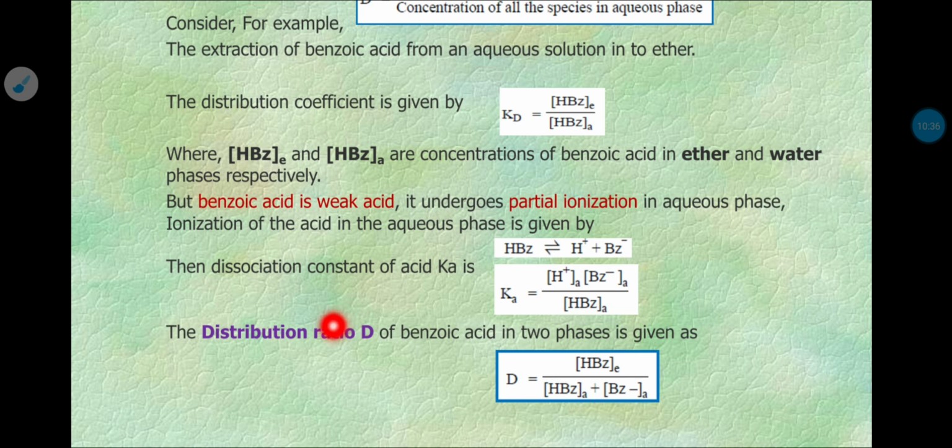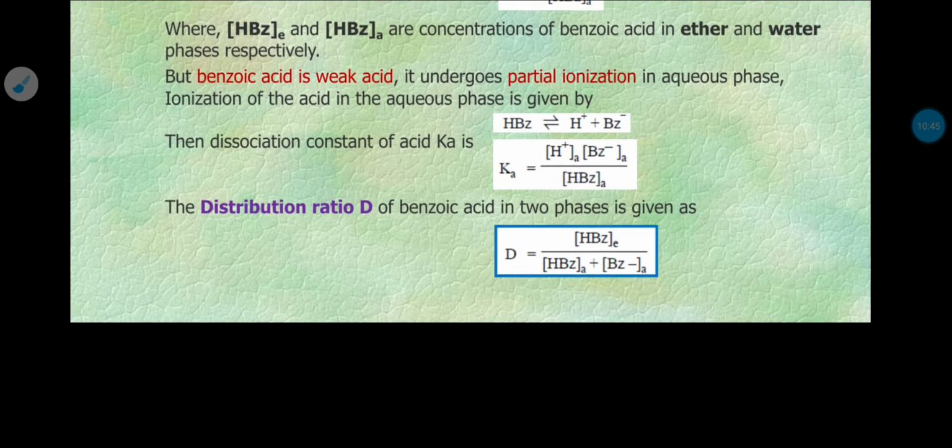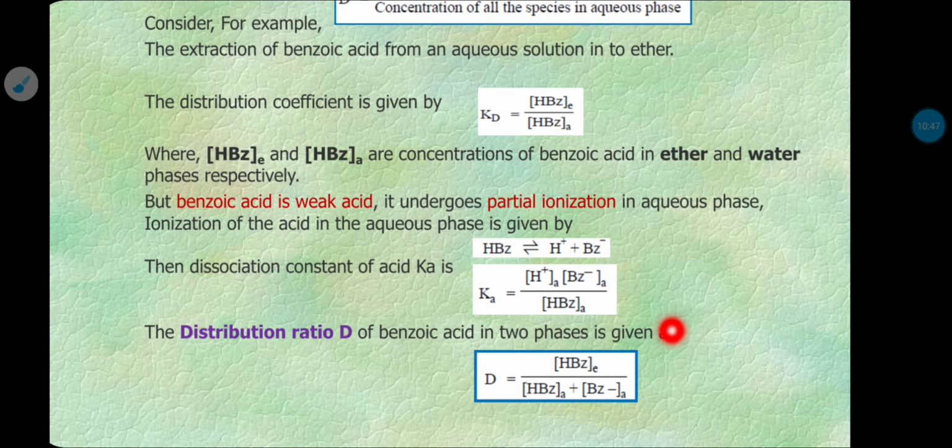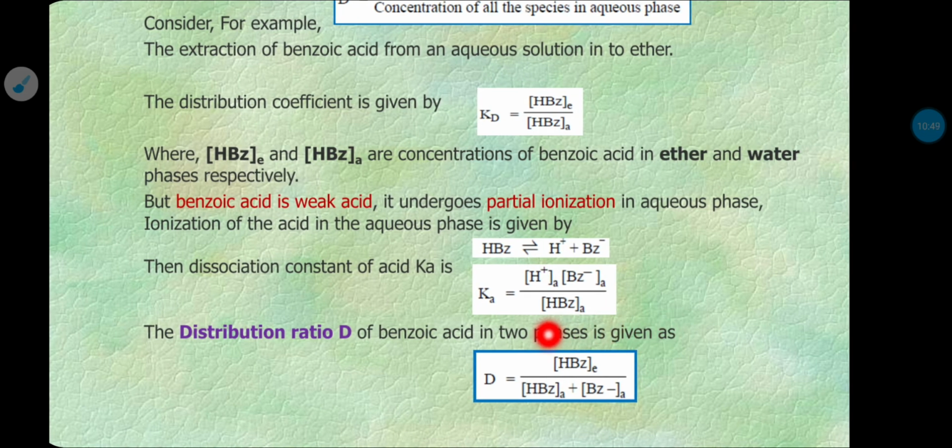Then the distribution ratio for benzoic acid, D, is equal to the concentration of benzoic acid in the organic layer divided by the concentration of all species in the aqueous phase. In the organic phase benzoic acid does not dissociate, but in the aqueous phase it dissociates, so we have benzoic acid in aqueous and benzoate anion in aqueous.